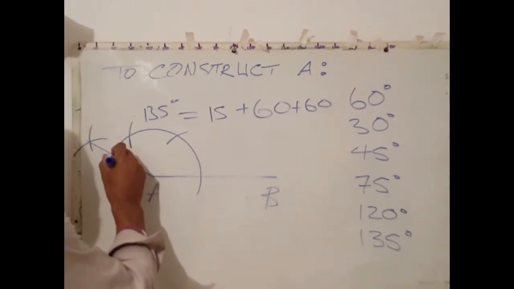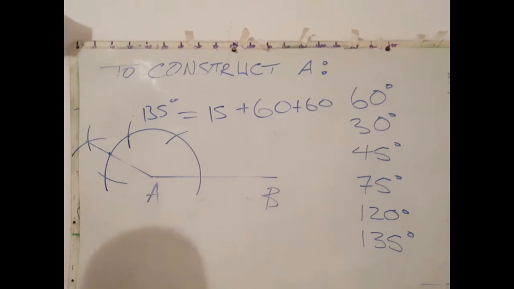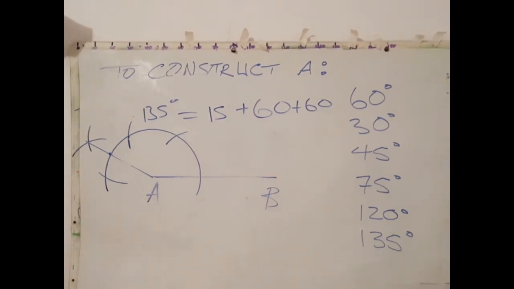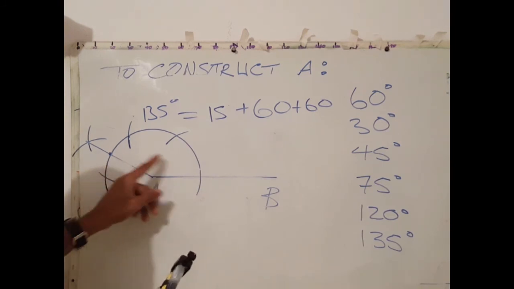Then I'm going to bisect between the 120 and the 150. So this is 150.